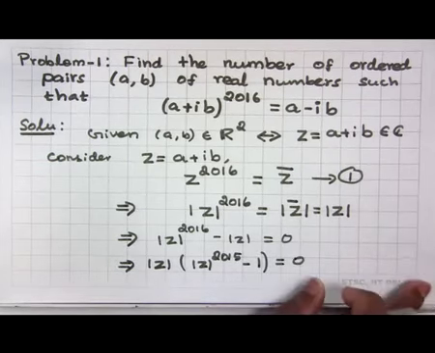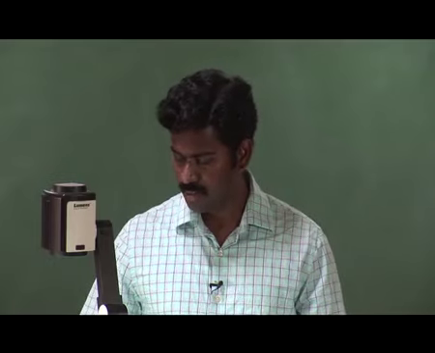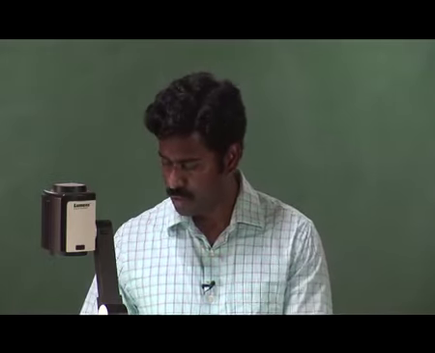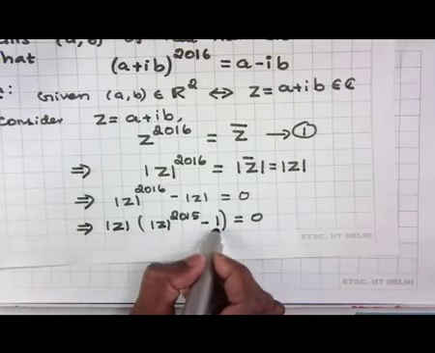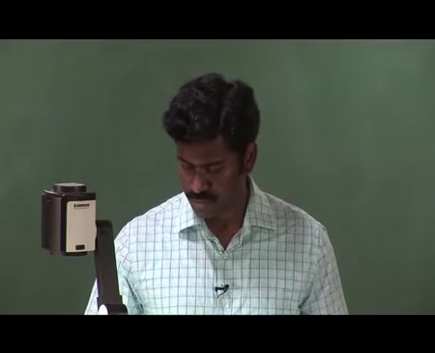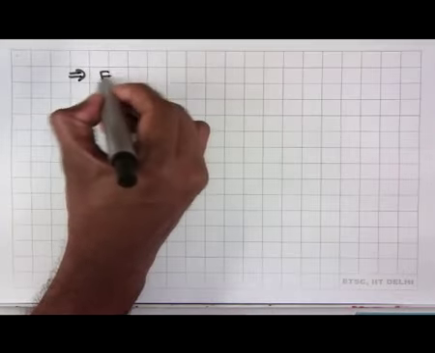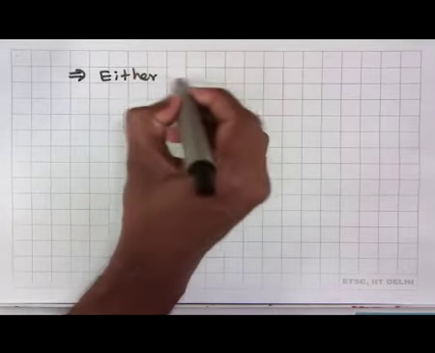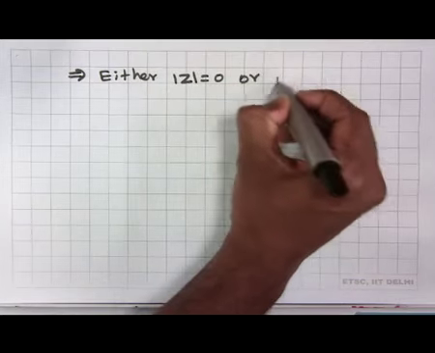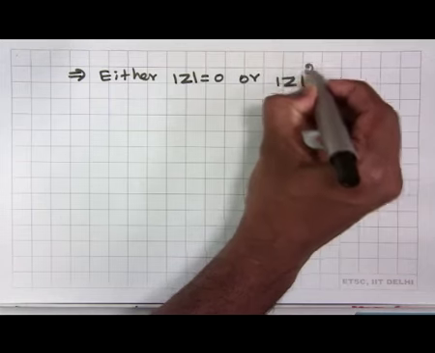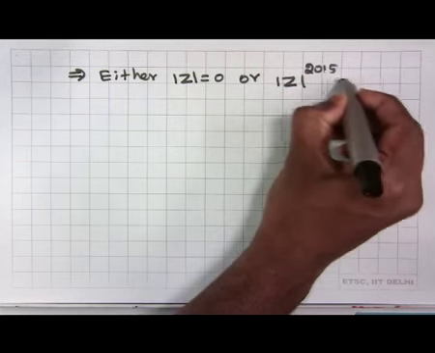From this relation, we see that either mod z must be 0 or mod z power 2015 must be equal to 1. So, we get the relation either mod z equal to 0 or mod z power 2015 must be equal to 1.